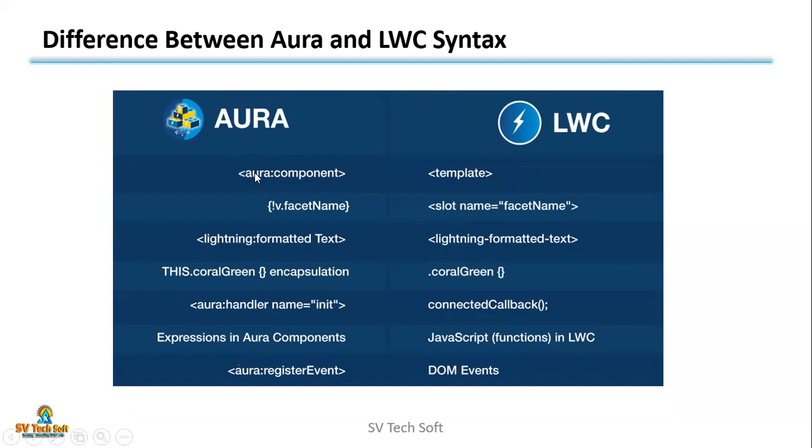By default, the .html file gives the aura component tag, but in LWC there is a template tag. There will be different tags, which we will see later. Even if I tell you now, you will not understand the purpose of the tags. This is the syntax difference between Aura and LWC.